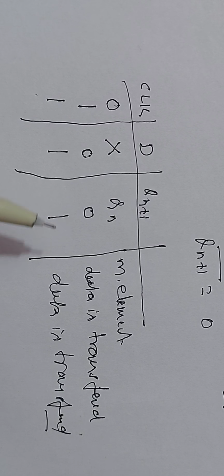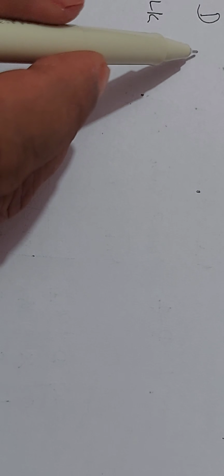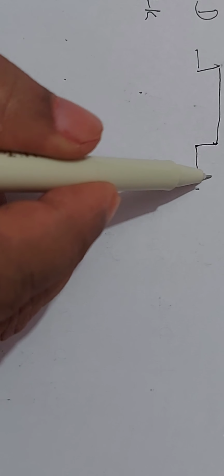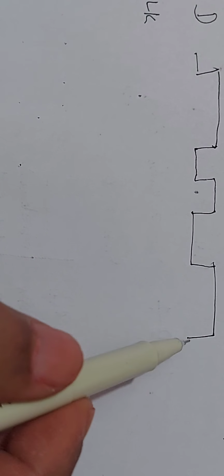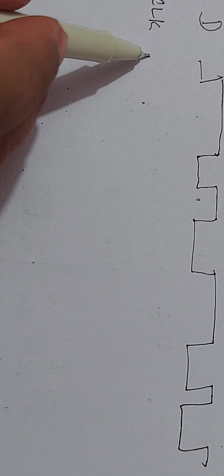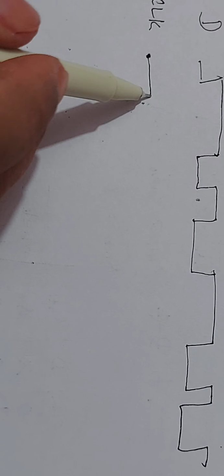This can be better understood from the graphical analysis. I will tell you how this works graphically. Now, I will consider the D input and the clock input. I will write the D input like this, and I will write the clock pulse here.